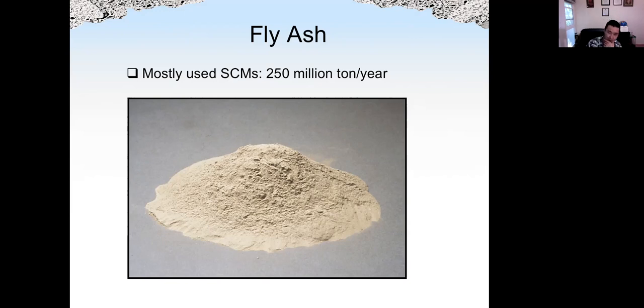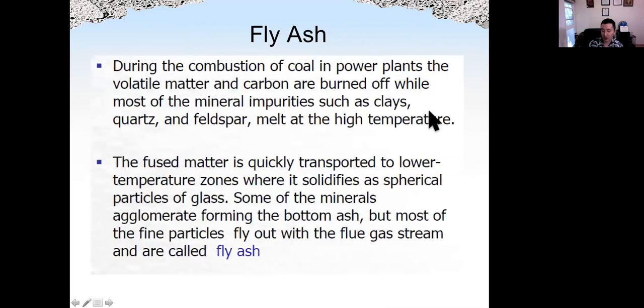So in our small island of Oahu. And this is the production process of fly ash. During the combustion of coal in a power plant, when the power plant burns coal, some of the impurities will melt at high temperature.